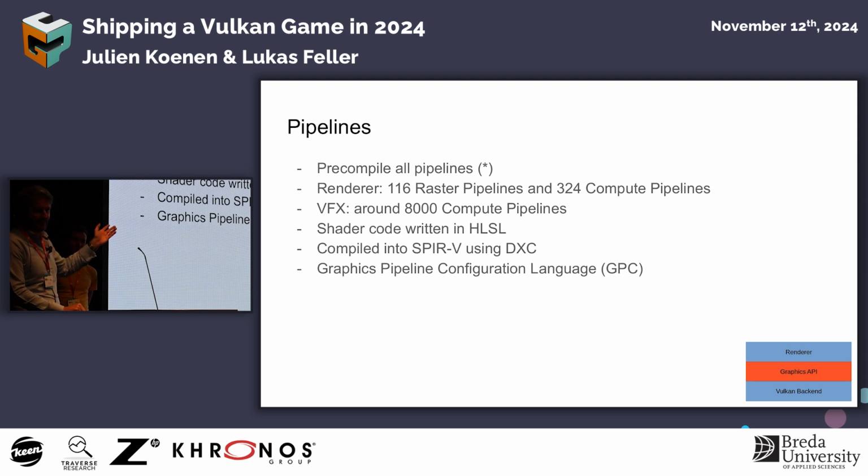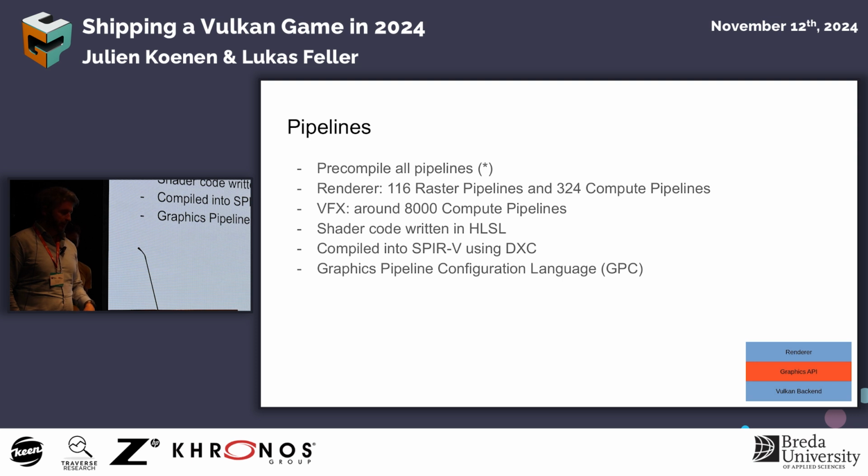The only problem is the VFX system, because that's complicated. It uses some expressions, it's compiled down to HLSL and individual pipelines, which is hopefully solvable. But it's around 500 pipelines and then 8,000 for VFX. All of that is written in HLSL and compiled into SPV using DXC. So that's fairly typical.